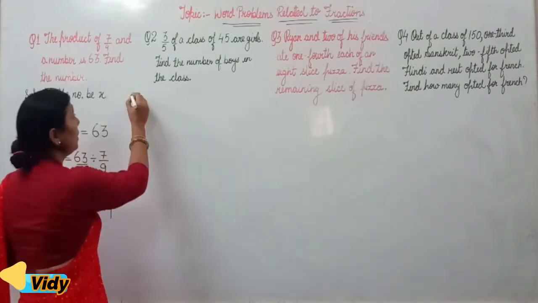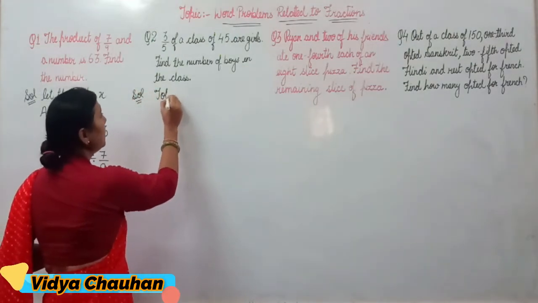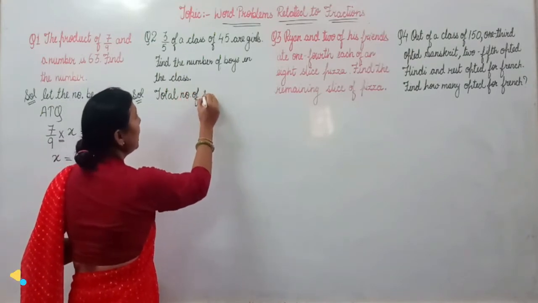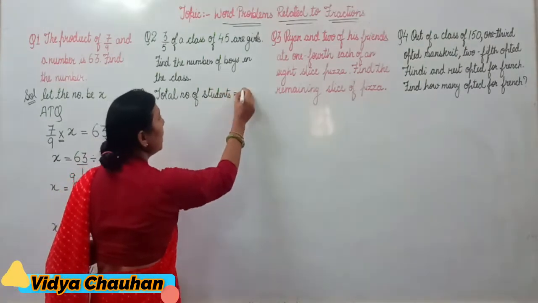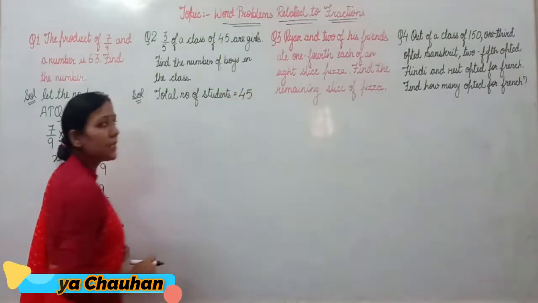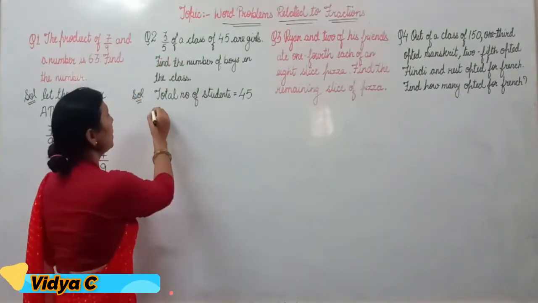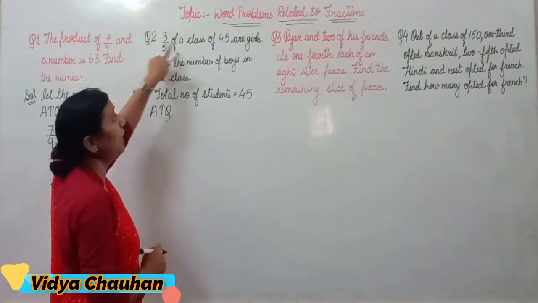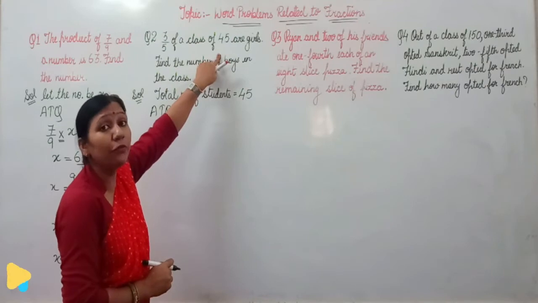In this question, what are the things given to us? First, the total number of students. There are 45 students in the classroom. Then, according to the question, 3 upon 5 of the 45 students are the number of girls.